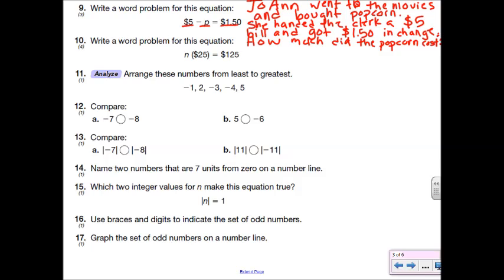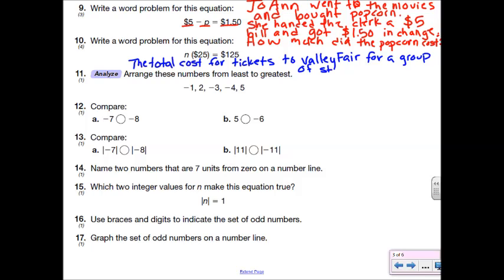So you could say, the total cost for tickets to Valley Fair for a group of students was $125.